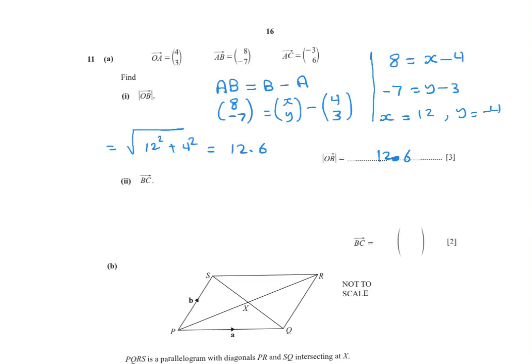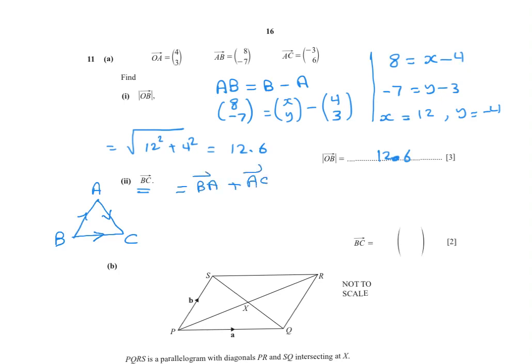How to find vector BC? If you draw triangle ABC, you need to find BC. BC equals BA plus AC.